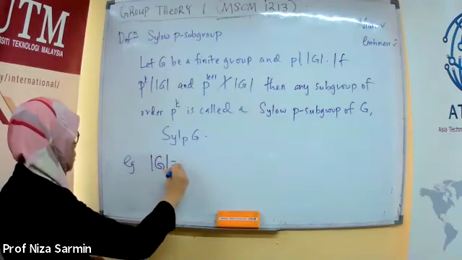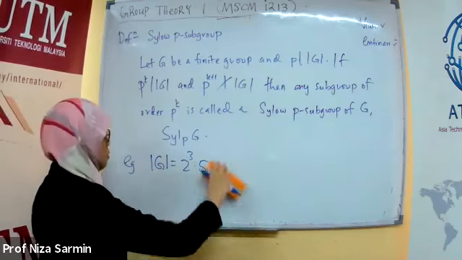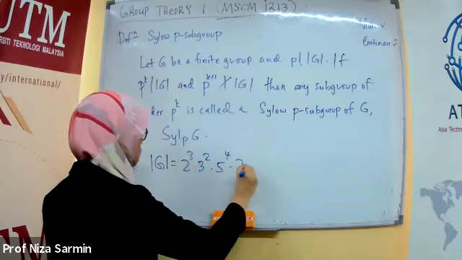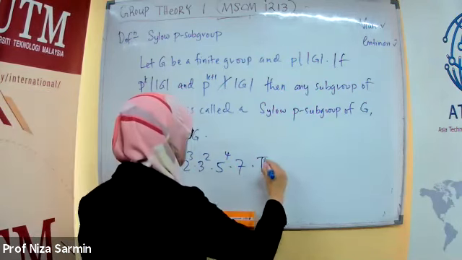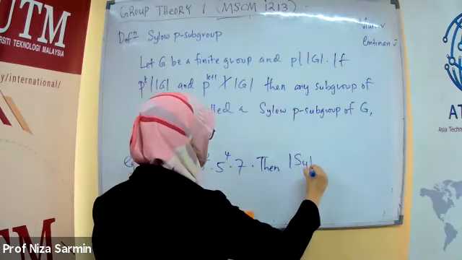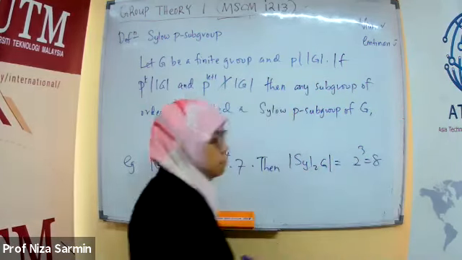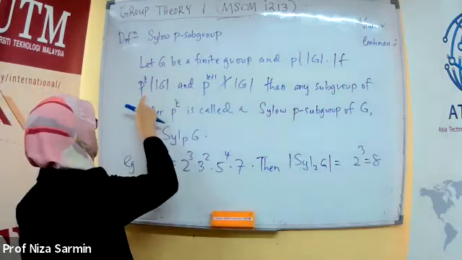G is 2 cubed, 3 squared, 5 to the 4, 7. Then the order of Sylow 2 of G is 8, because it's the highest power dividing.